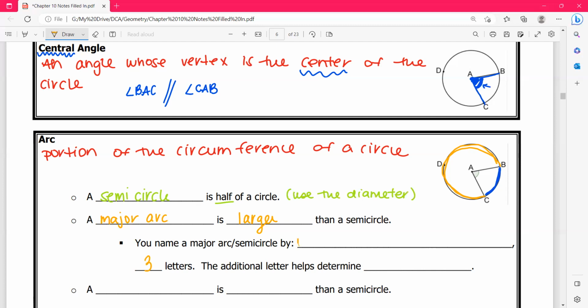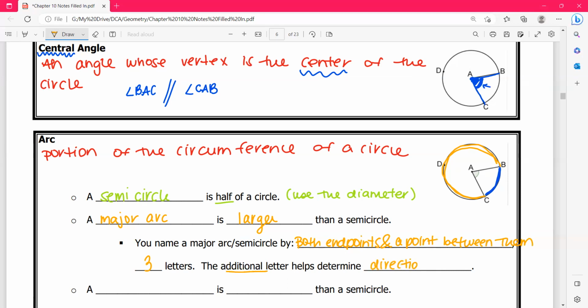We use both endpoints and a point between them. Okay, the additional letter, that point between them, helps us determine the direction.